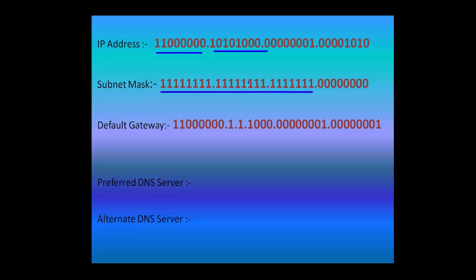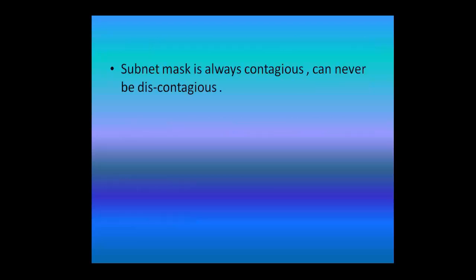It can never be like this, 10 here, 10 here. It can never be possible. Subnet mask is always contiguous. Keep it in mind. It can never be discontiguous. Okay. So if we take the example of C class, please try to understand it very carefully.